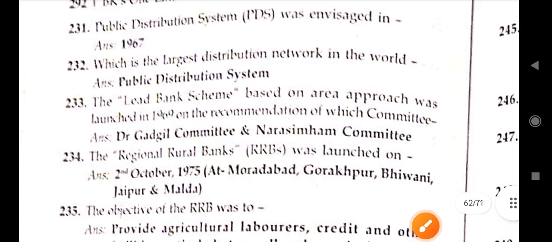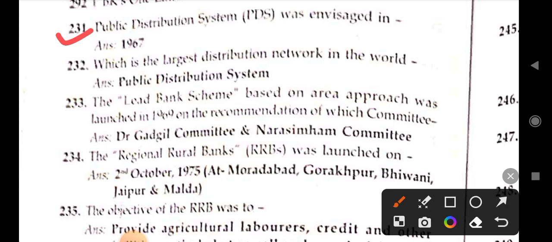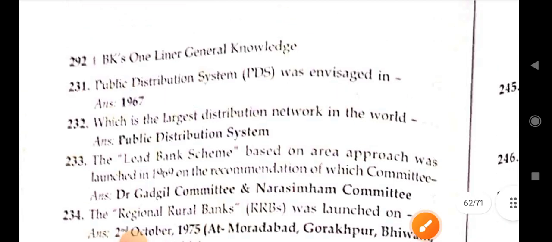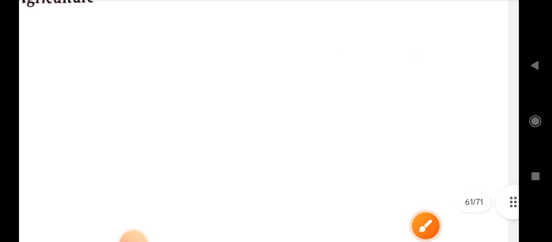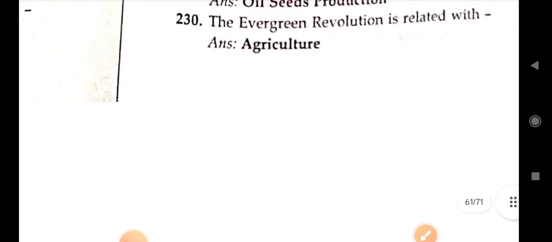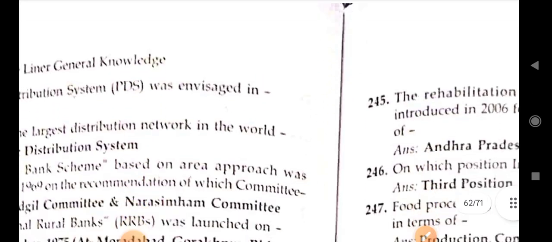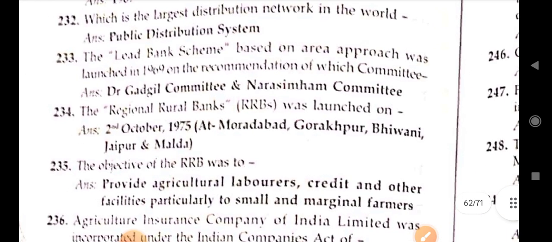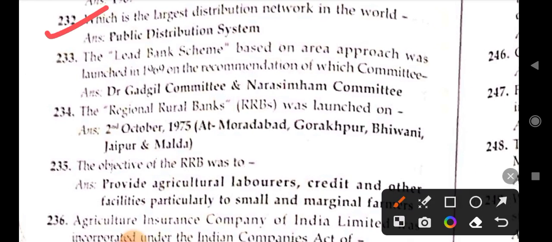Next, Public Distribution System (PDS) was envisaged in 1967. Which is the largest distribution network in the world? Public Distribution System.